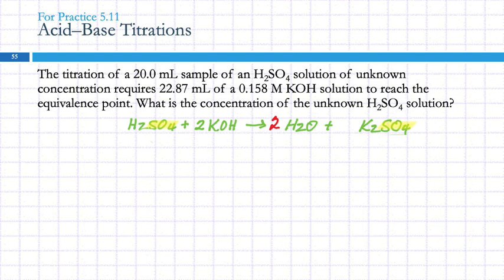Now I'm going to take the numbers that were given to me, 20 milliliters of sulfuric acid, 22.87 of KOH, and they're asking me for the concentration of the H2SO4. I'm going to write these numbers under the formulas in the equation.